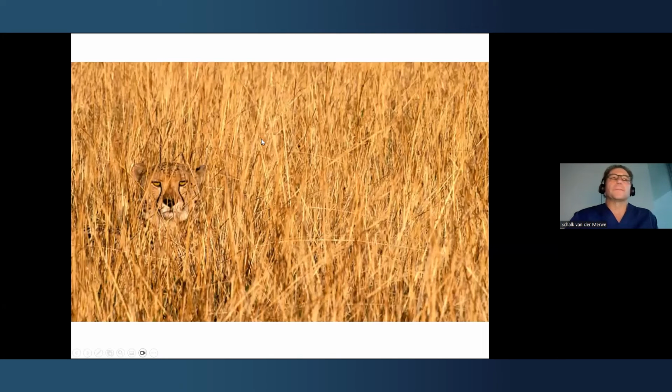Now, I like to compare an EUS examination to this image. In the first place, we can compare this image to a well-performed EUS, where the endoscopist must first visualize the abnormality, in this case, the head of a cat seen amongst the grass.